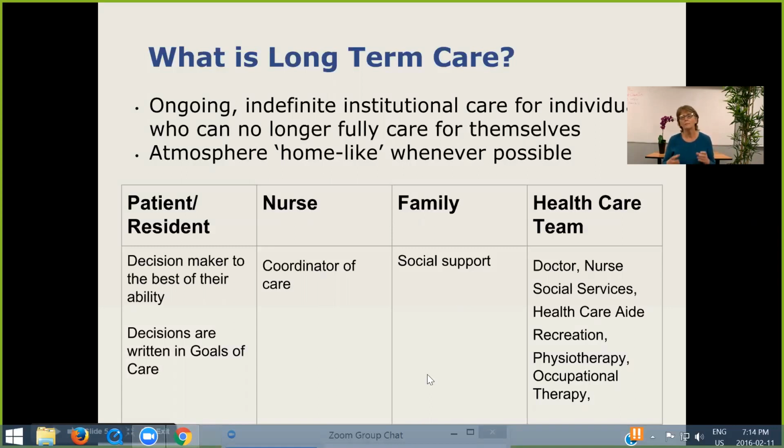So you'll be working mostly with healthcare aides, and they are the frontline caregivers. They're your eyes and your ears. You're the one who's charted on these things. You're the one who's responsible, but you can't be everywhere, and they're really a major part of the healthcare team in long-term care.